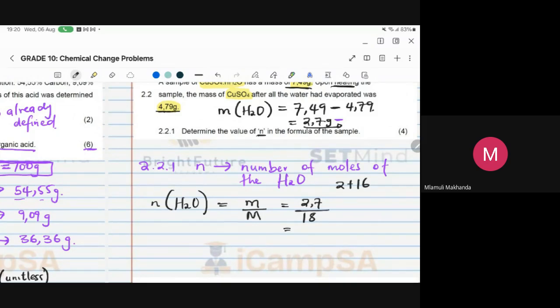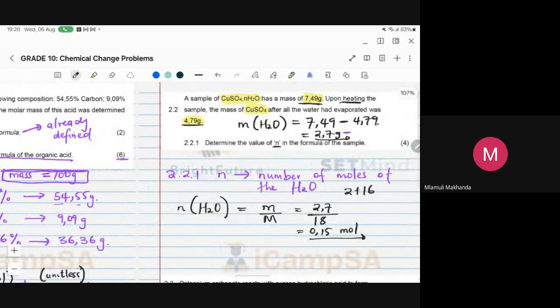So you would have to first calculate the molar mass before you can find the number of moles. But because we've been talking about how to calculate that, I'll just move a bit faster on this one, 0.5 mole. Right. This is the number of moles of water in a 2.7 gram sample.